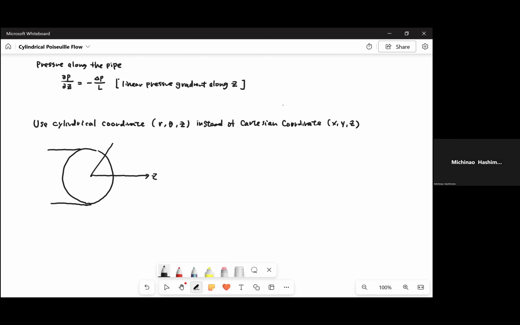This is the radial axis, which is along the direction of the radius. We also have the angular direction, which is at different angles in the circle here.